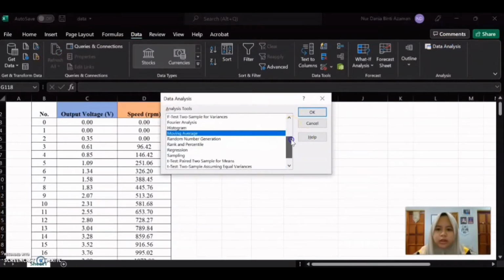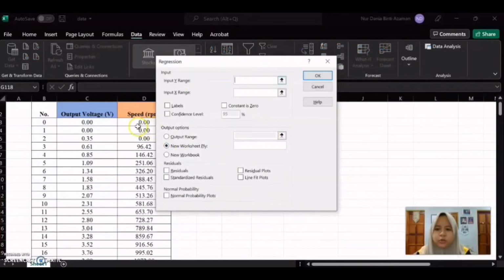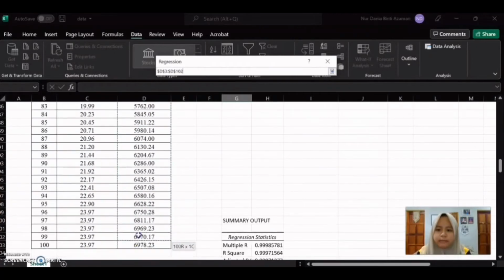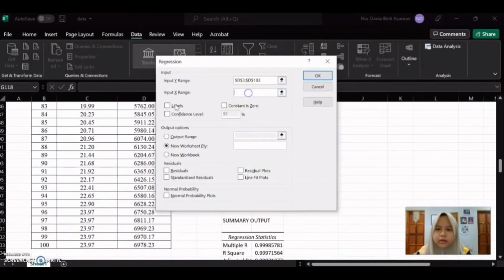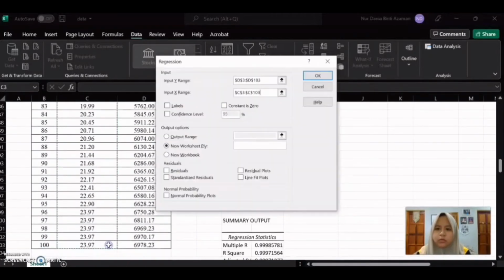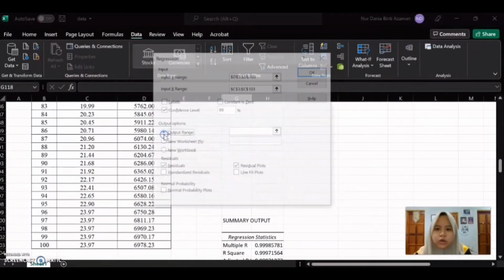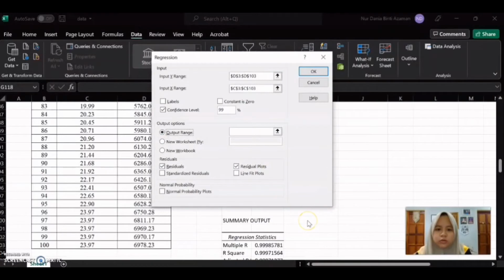Then we need to select the regression, then input y range with the speed, then x range. I put 99, then the residual plot, then the output range, which I need to choose here, then okay.